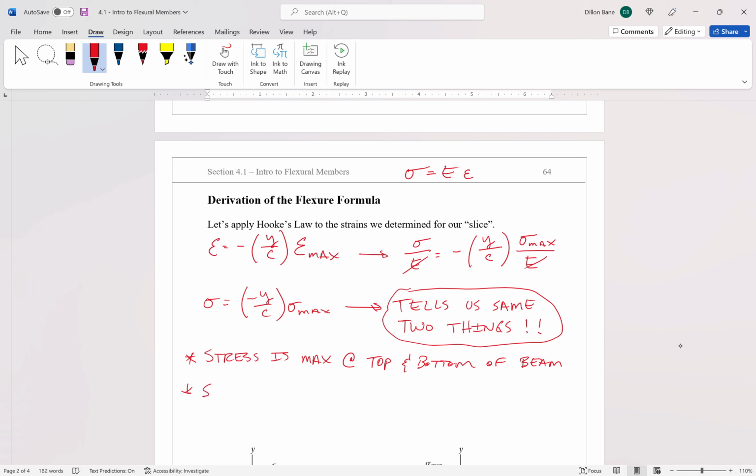And it also tells us that stress varies linearly across the cross section. All right, so stress varies linearly, again with distance from the neutral axis.